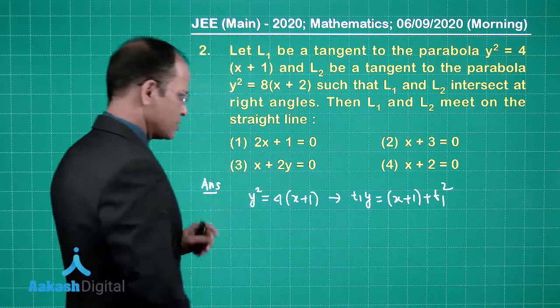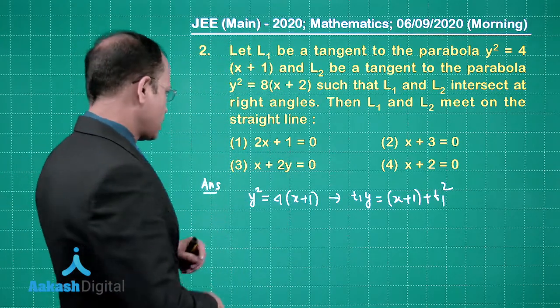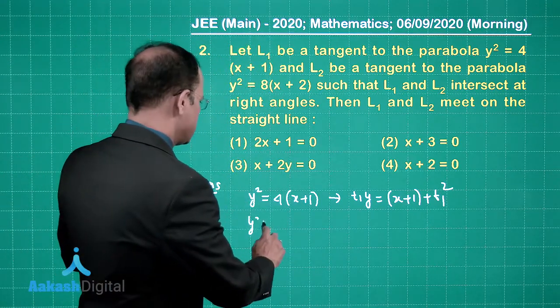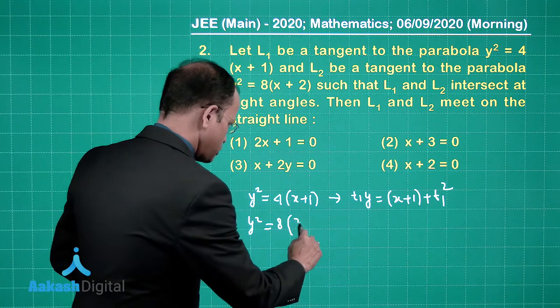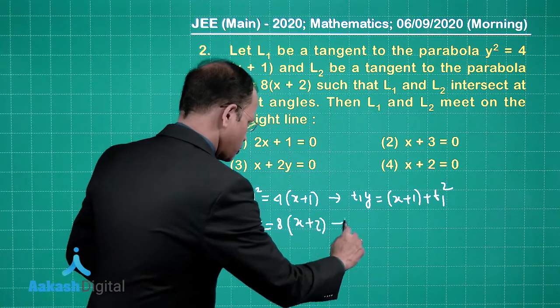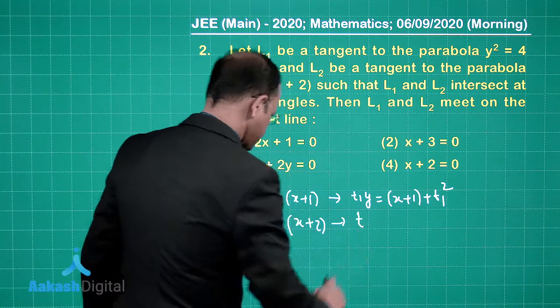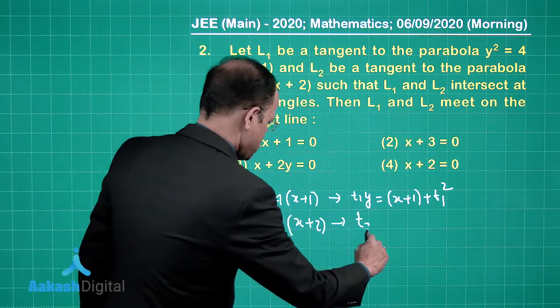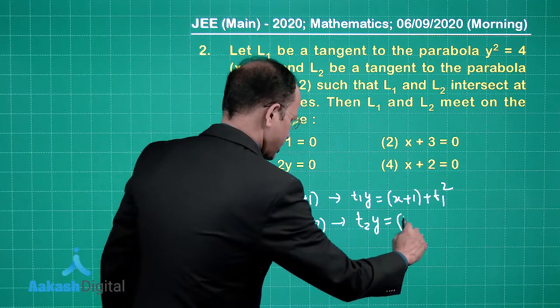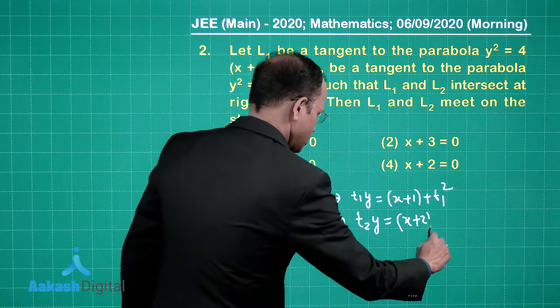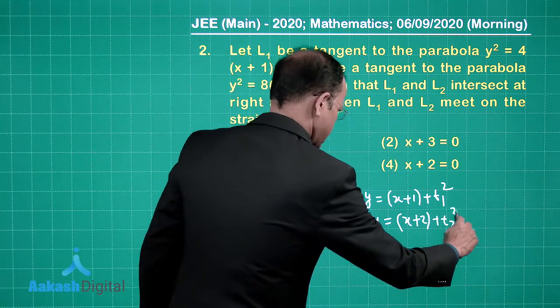This is what is given to us. Now if I talk about y square is equal to 8 times x plus 2, this is going to be t2 y is equal to x plus 2 plus t2 square.